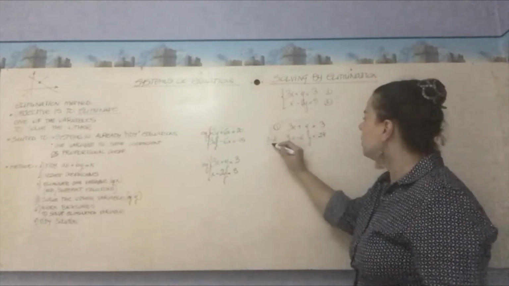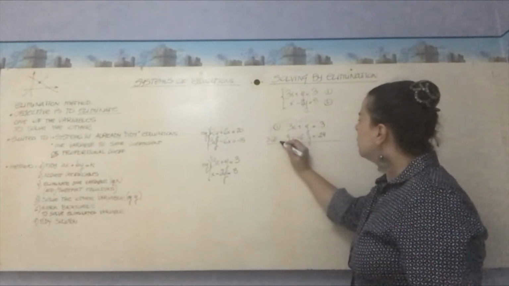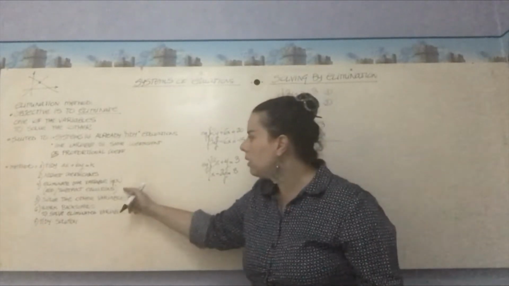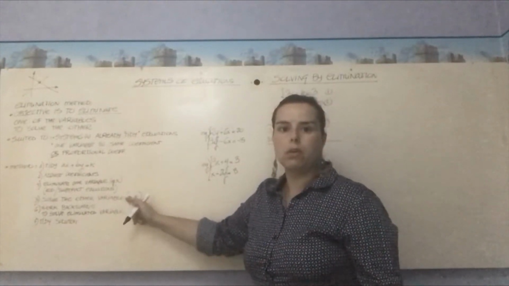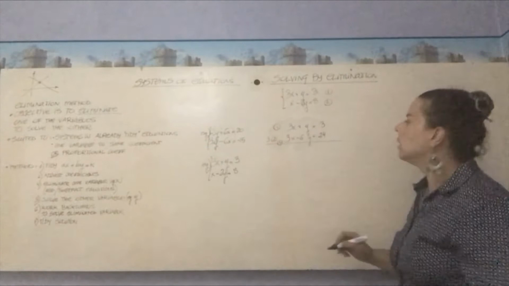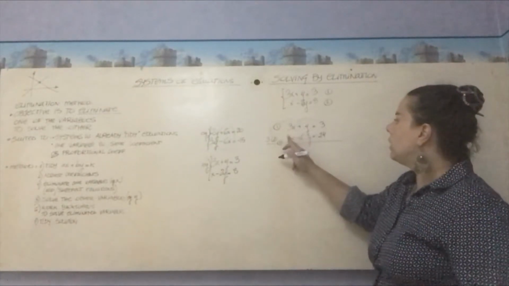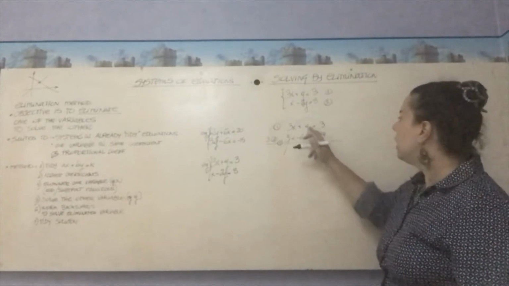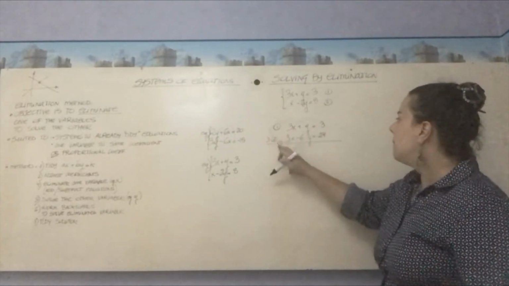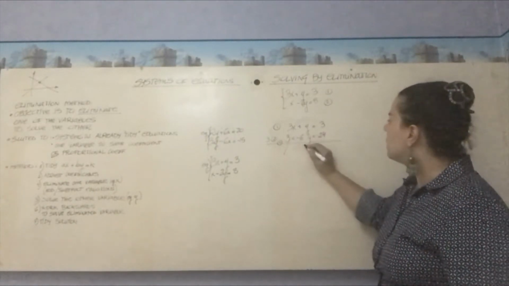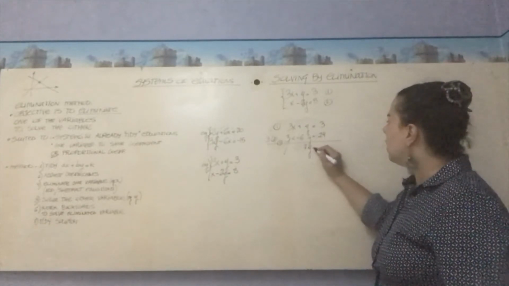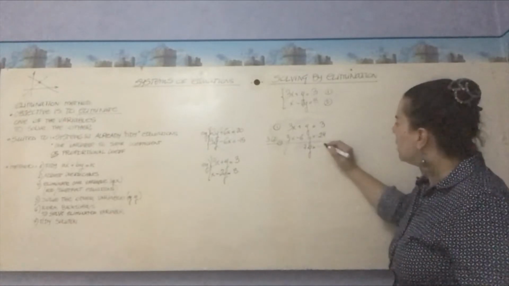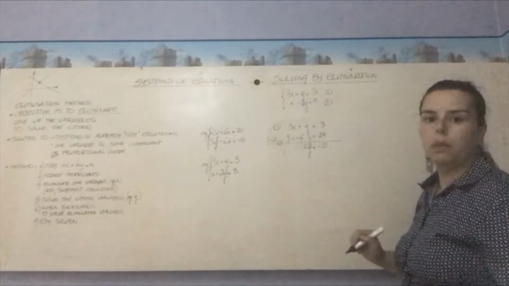And then what I'm going to do, I'm going to subtract these two equations. So I'm eliminating one variable by adding or subtracting. I'm subtracting because I've got a 3x and a 3x, so if I subtract, this cancels. Now y minus minus 6y, that's 7y, equals 3 minus 24, that's minus 21.